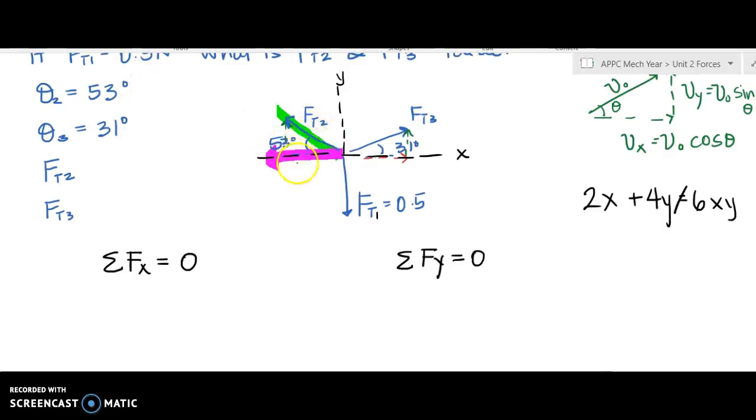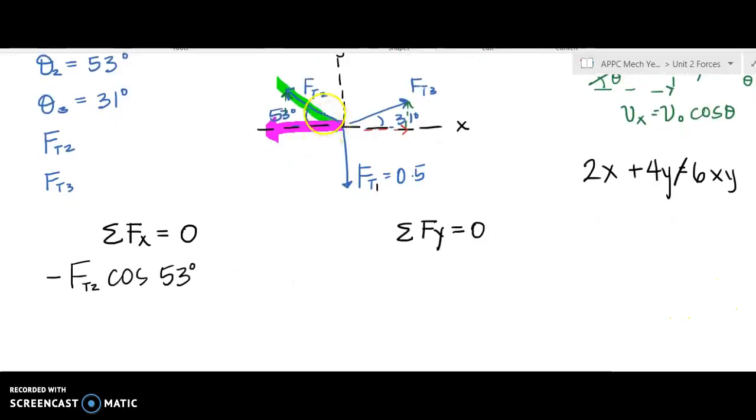So what would that base be equal to? FT2 cosine of, I'm going to go ahead and put in the 53 degrees because theta 1 and 2 or 3 and 4, or x and y just get kind of messy right now. Now, is that vector pointing left or right? And do you want left to be positive or negative? Negative. So we need to insert the negative sign.